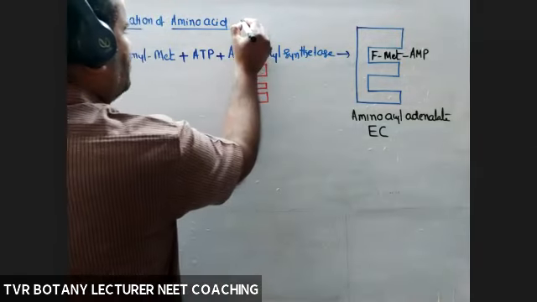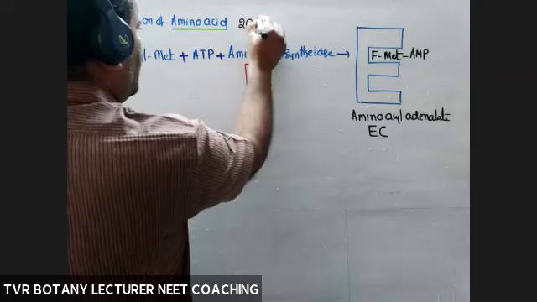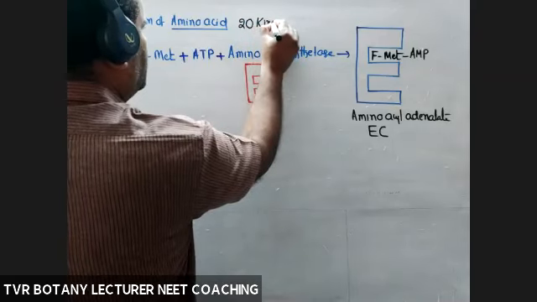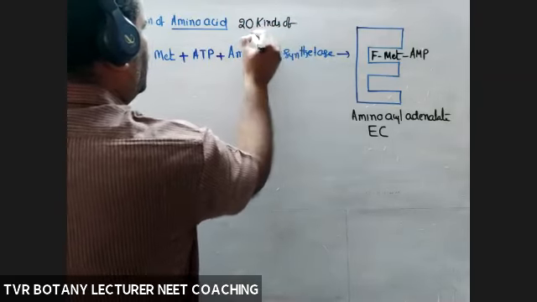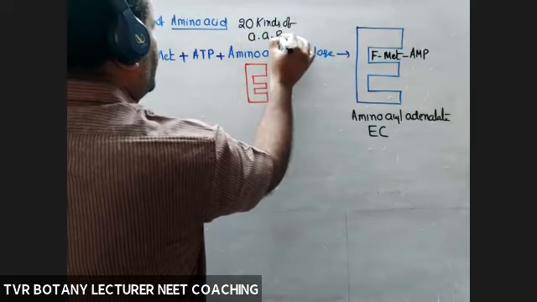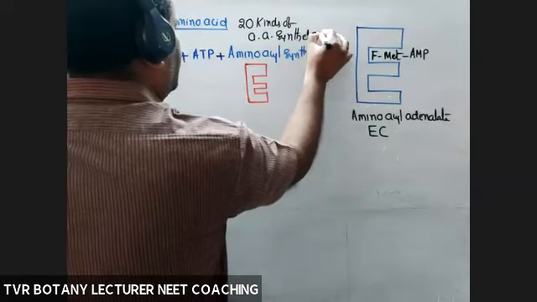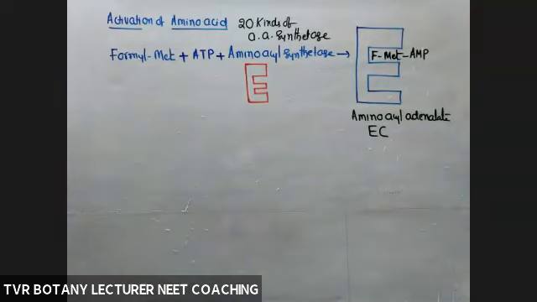So 20 kinds of amino acyl synthetase enzymes are required, according to the number of amino acids. The number of amino acyl synthetase enzymes is equal to the number of kinds of amino acids involved in the synthesis of protein.